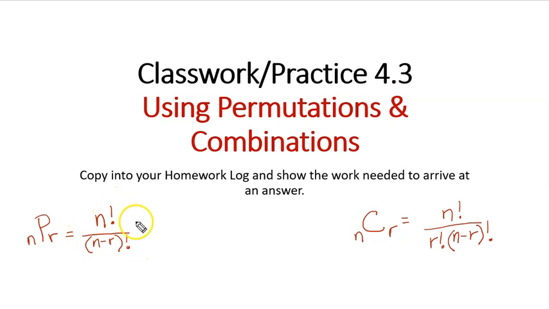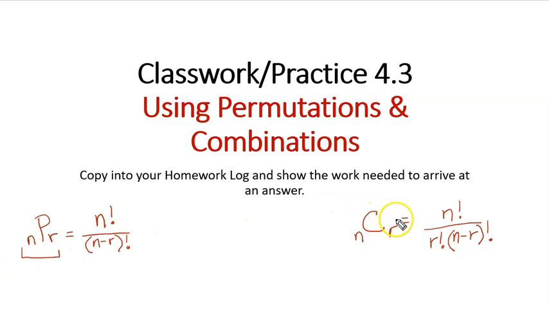So this gets a little confusing to remember, and again, if you're using it all the time, of course that would be easier, but the key is, if something is a permutation, you would use this in your calculator.